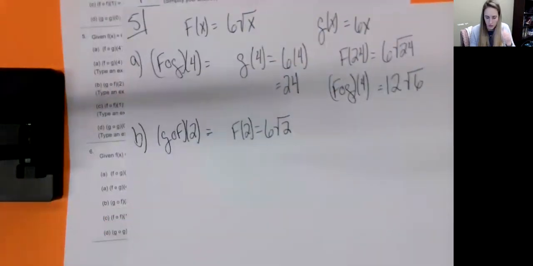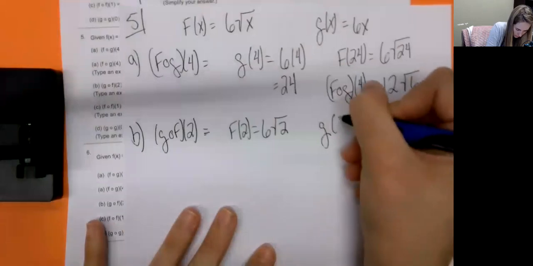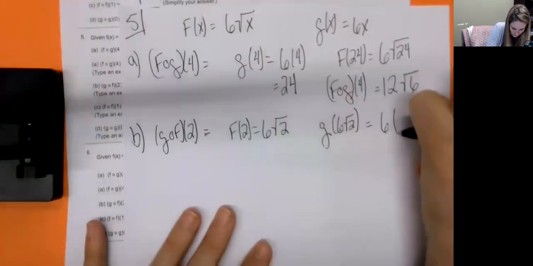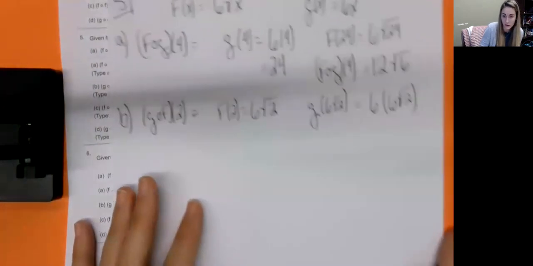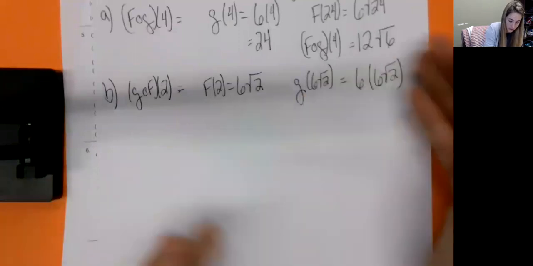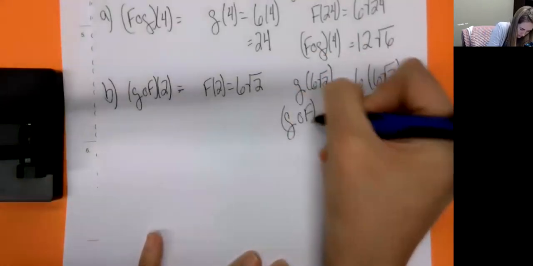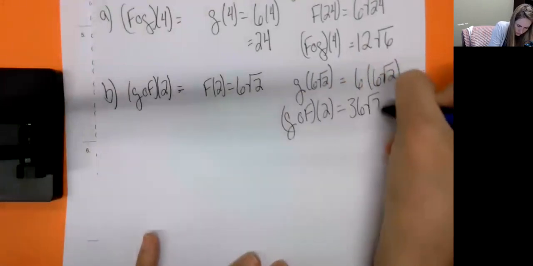There's not a square root of 2, and 2 doesn't simplify, so that one's good. Then we're going to go to g, and we're going to have g of 6 square root of 2 equals 6 times 6 square root of 2. All we do on this one is 6 times 6, so we have 36 square root of 2.